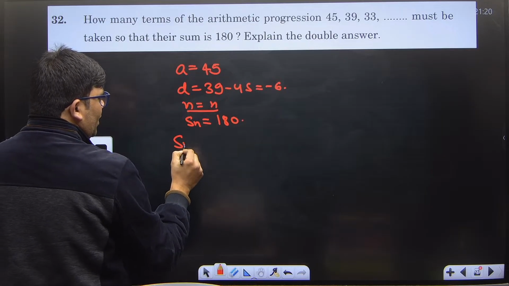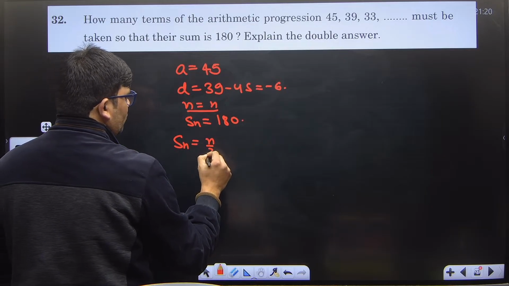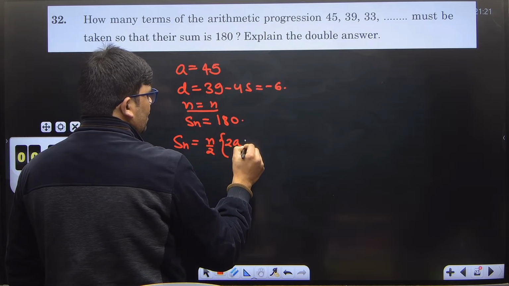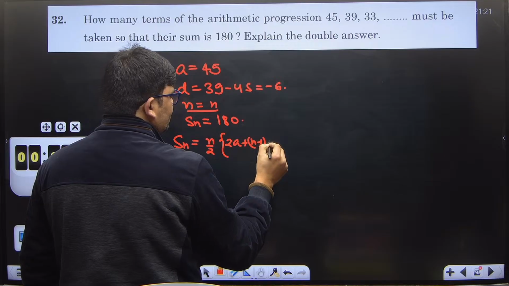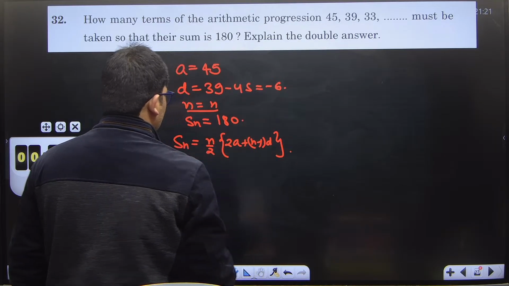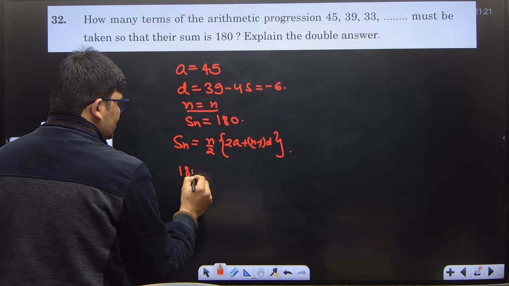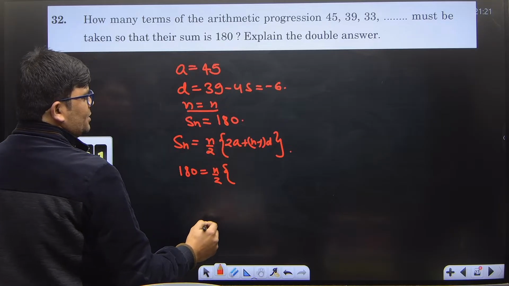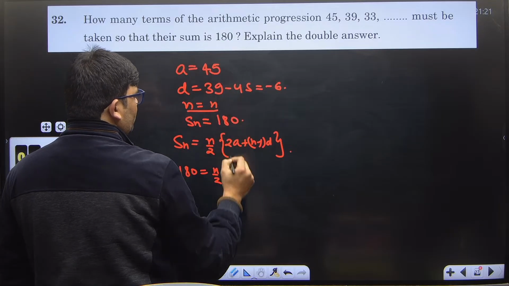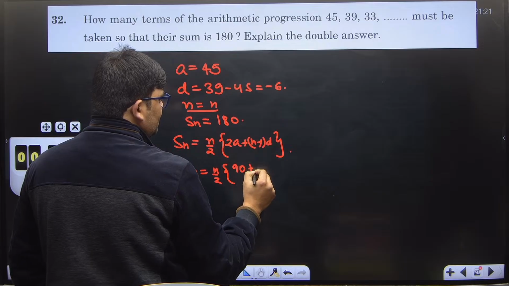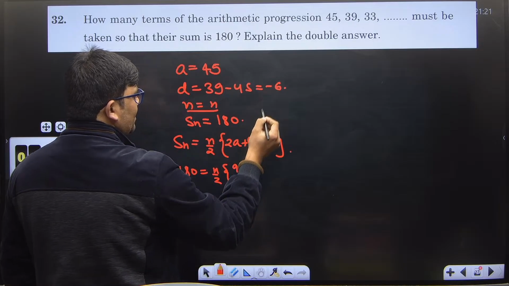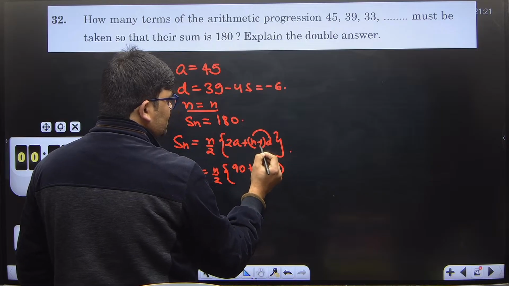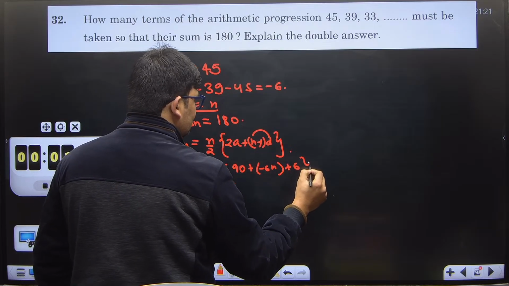So you have a formula, Sn is equal to n by 2 times 2a plus (n minus 1) times d. So 180 is equal to n by 2. 2 times a is 2 times 45, which is going to be 90, plus d is minus 6. So you will have minus 6n, and minus 6 times minus 1 is going to be plus 6.